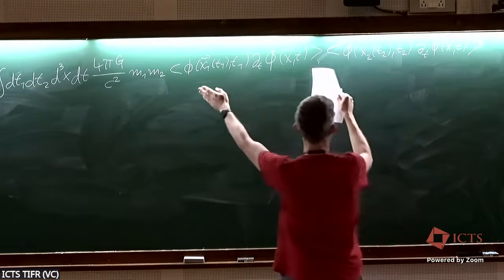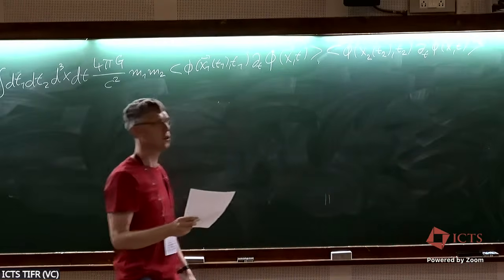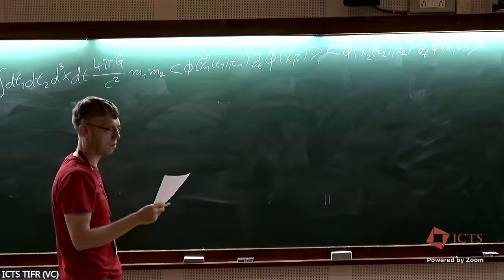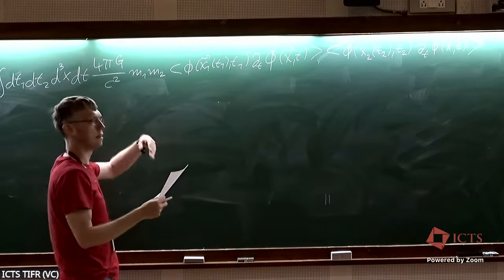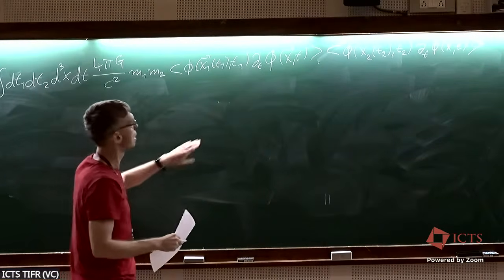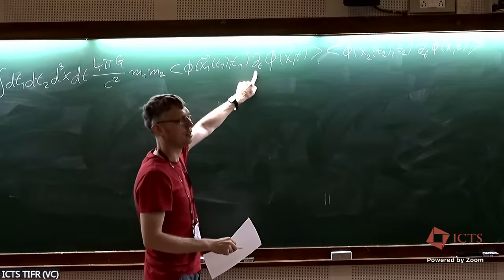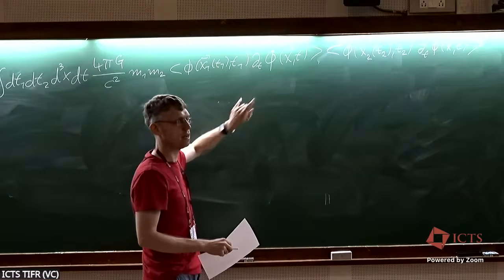And then here again, you have to insert the rule for the propagators and do the calculation, so to say. But you already see now you get a derivative of the delta function between the times, right?